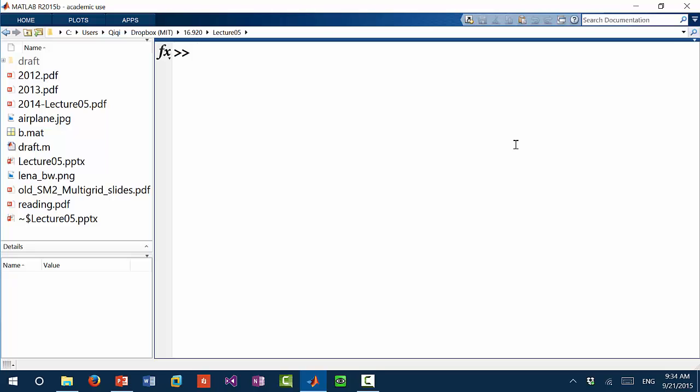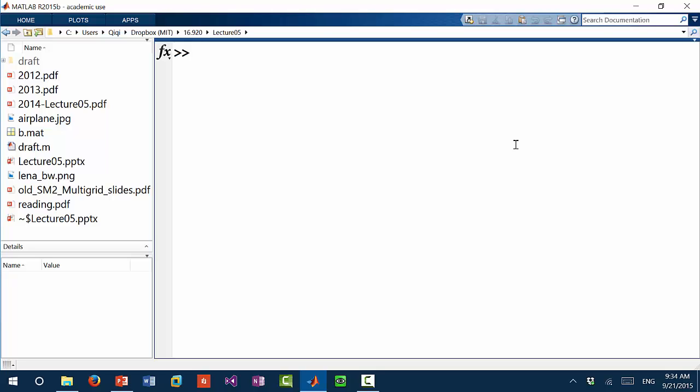The Jacobi method splits a matrix into diagonal parts and off-diagonal parts, and moves the diagonal part to the left-hand side and the off-diagonal parts to the right-hand side. We also programmed the Jacobi iteration last week.